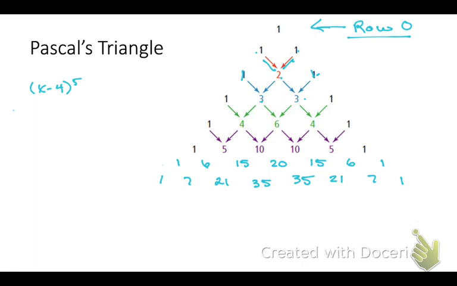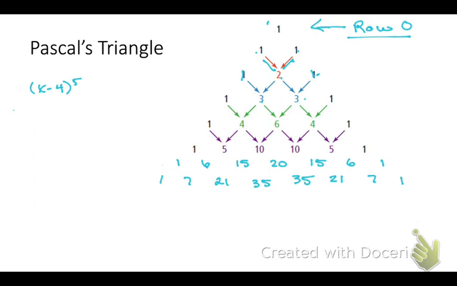We have to make sure, because on your test, when I say construct Pascal's triangle to the 8th row, that would be 9 rows if you count the top. That's really important to know. If I say 8th row and you give me 1, 9, you're wrong, because that is the 9th row. Does that make sense?